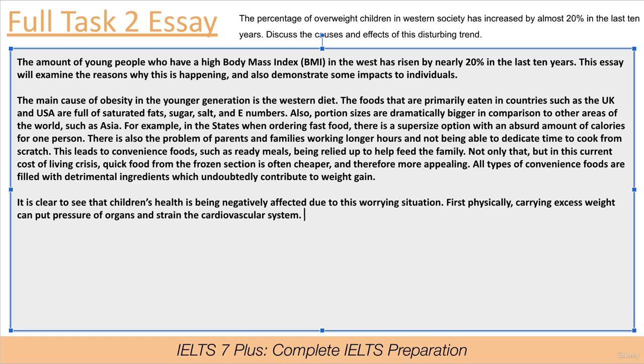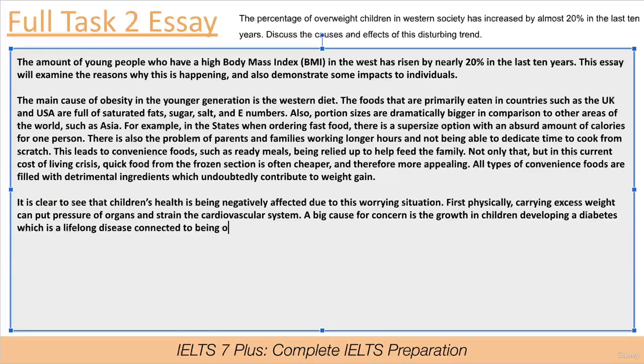We could talk about diabetes now, linked in with this. A big cause for concern is the growth in children developing diabetes, which is a lifelong disease connected to being overweight.